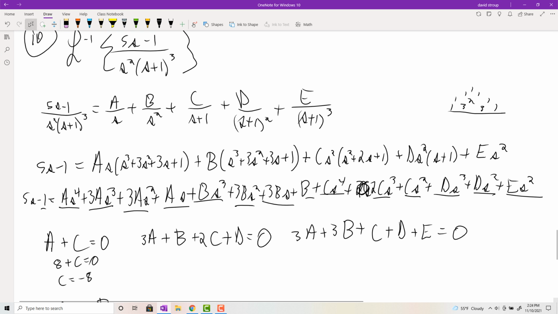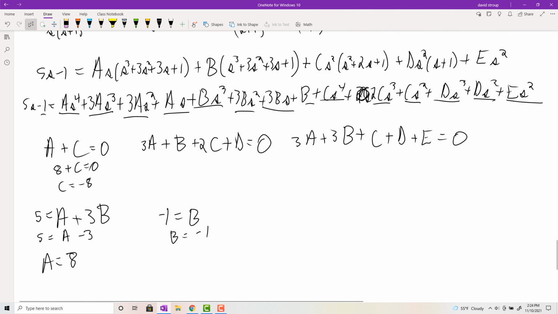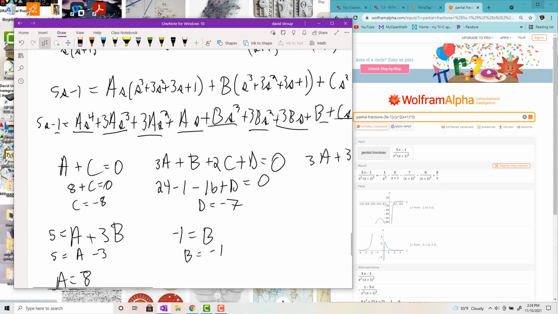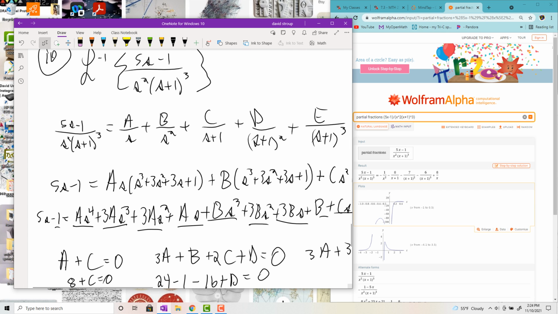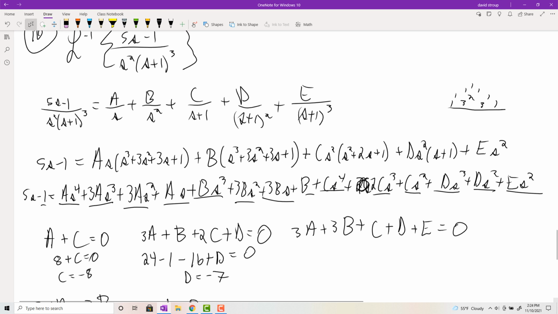Yep. And then looks like I have 24 minus 1 minus 16 plus d equals 0. So we have 8 minus 1 is 7, so d is -7. So it should be -7 over x plus 1 squared, yep.